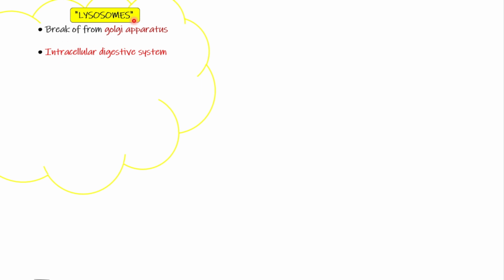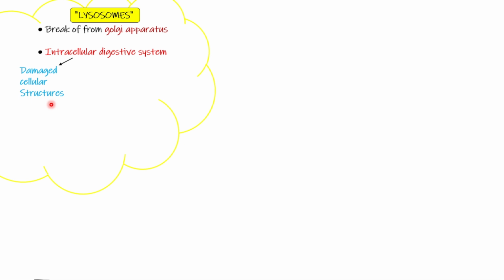Lysosomes are known as the intracellular digestive system. Whatever is digested inside the cell is digested with the help of lysosomes and their enzymes. So what exactly do they digest? Number one, lysosomes have enzymes which digest damaged cellular structures.